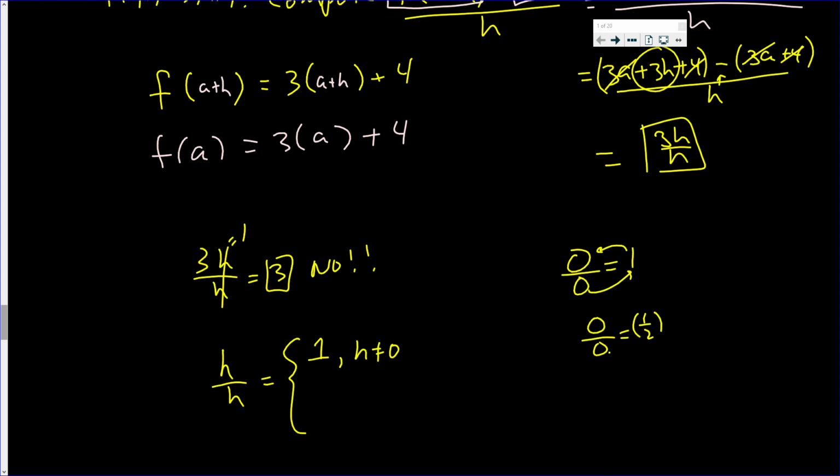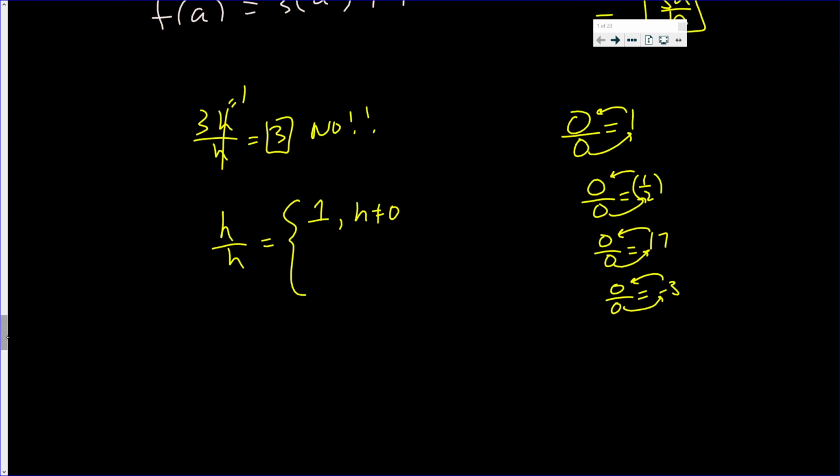But you know what? 0 over 0 is equal to a half. Why? Because 0 times a half is 0. And 0 over 0 is also 17, because 0 times 17 is 0. And 0 over 0 is equal to negative 3, because 0 times negative 3 is 0. Well, we can't have 0 over 0 equaling any number we want.